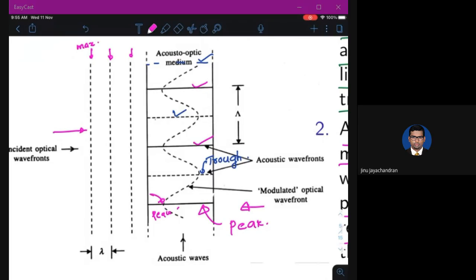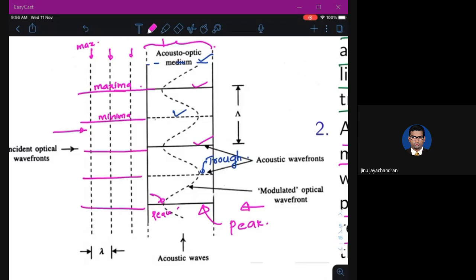Now as it reaches this medium here, some portions, for example, these portions along this will experience maxima. These portions will experience minima. Okay, and these portions again maxima, minima, maxima, etc.